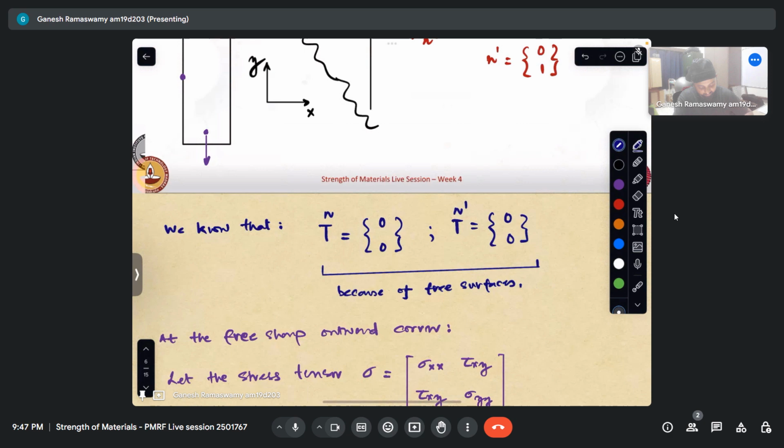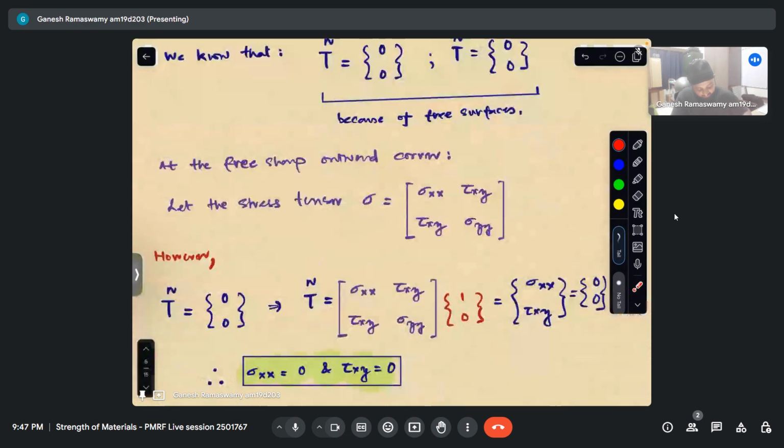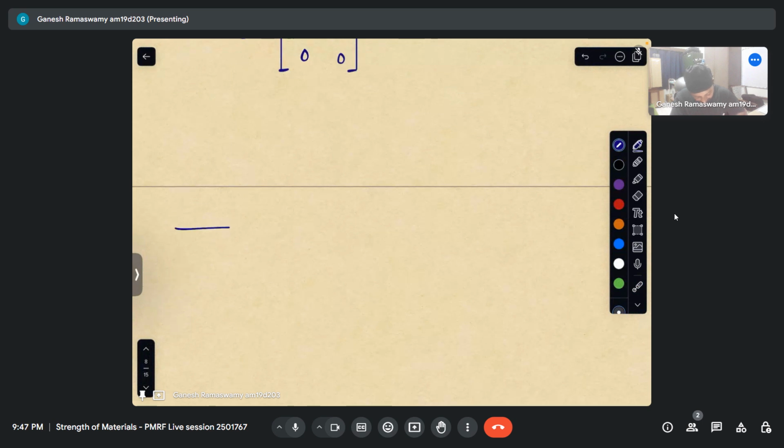Now one might ask a question. It would appear that I have taken a convenient example where these two are perpendicular to each other. So it might appear that will it hold good for cases where these are not perpendicular to each other. So let us just take an example like that. Let me take the same case where I have this characterized by n again.